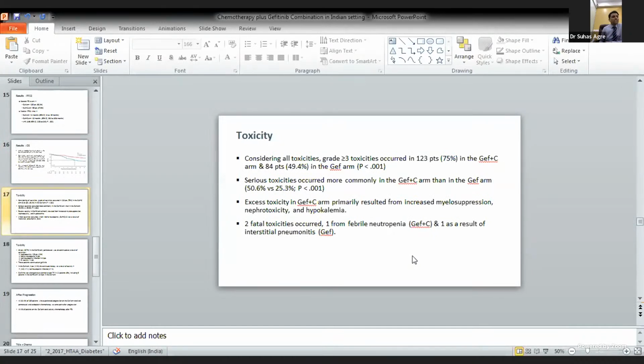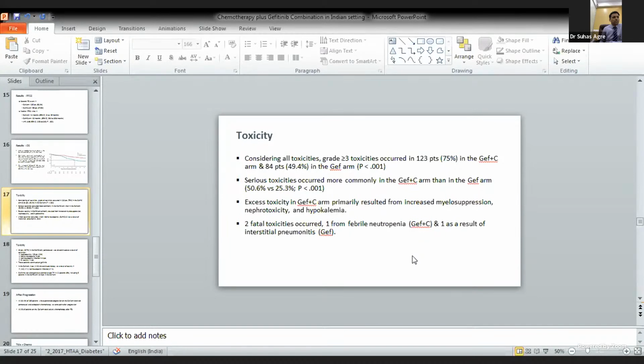So the only point of consideration would be the toxicity profile of the gefitinib and chemotherapy, and the second would be the acceptance of this combination by the patient when the option of TKI alone would be there. Grade 3 or higher toxicities occurred in almost 75% of the patients, as rightly pointed out by the previous speaker, and it was 50% in the gefitinib arm, while the serious toxicities were also common, 50 versus 25%.